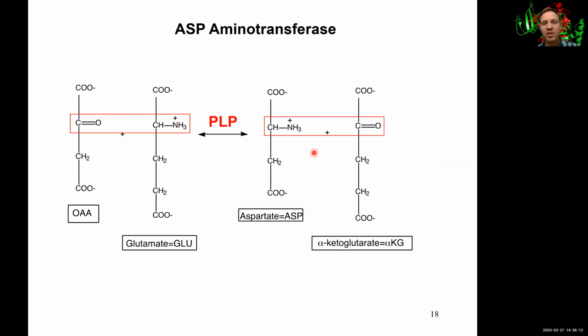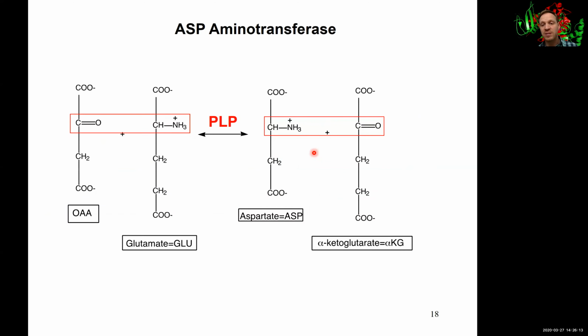How does this work? It actually looks exactly the same. This is part of a shuttle I just showed you. Remember, we're using here OAA with glutamate. We're running our AT reaction to aspartate and alpha Kg. And this is the exact reaction we have right here. And you might remember the lower part of the shuttle here. This is your malate shuttle.